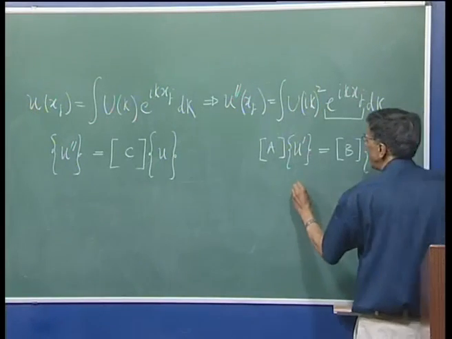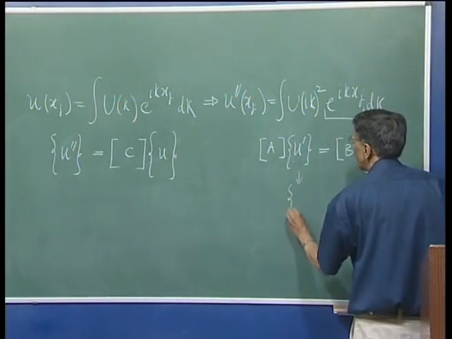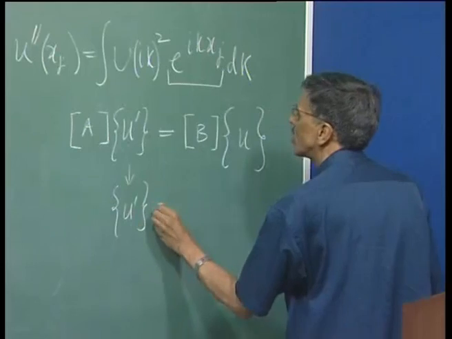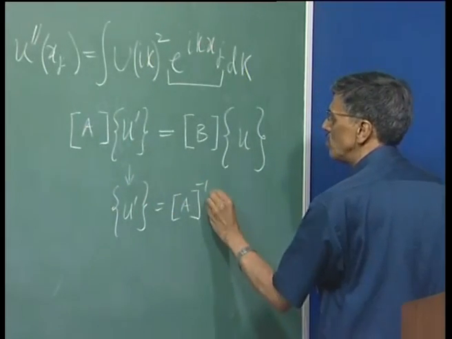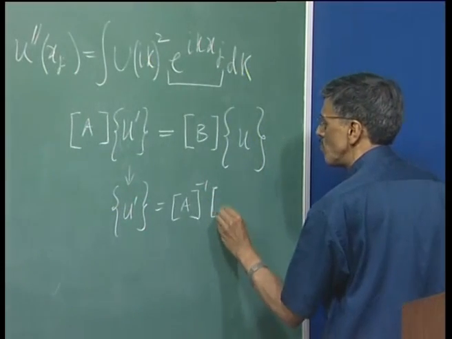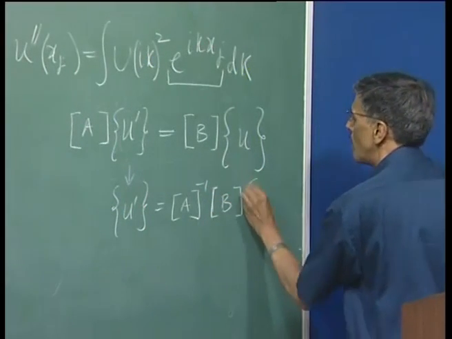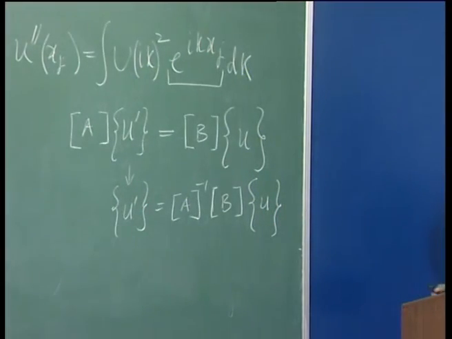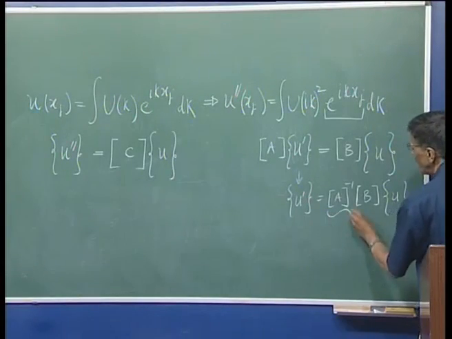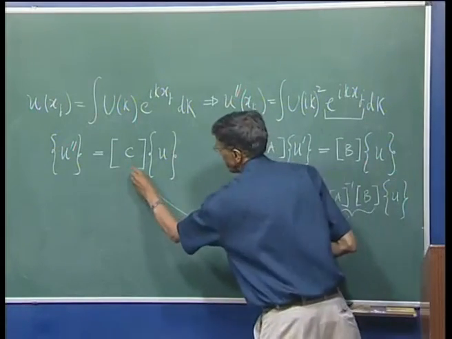I could write this as u prime is equal to A inverse B operating on u.